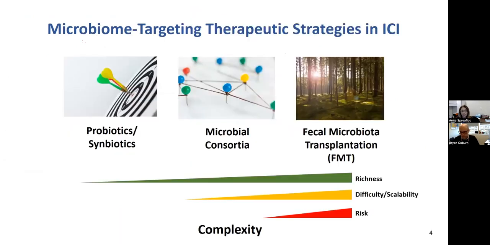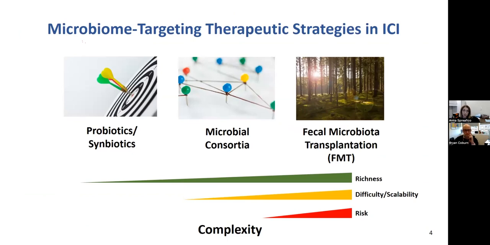Now, there are several strategies to manipulate the intestinal microbiome. As you can see in this cartoon, once we move from left to right into the more complex ones, like fecal microbiota transplantation, there is an increase in complexity and an increase in risk in terms of safety and scalability.